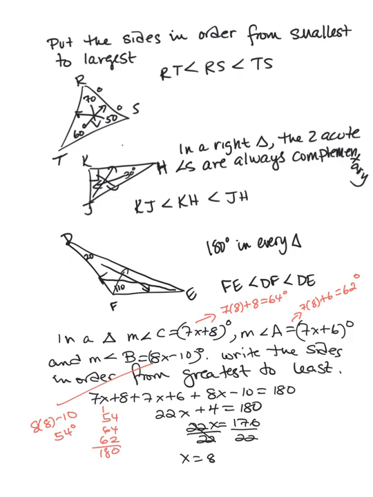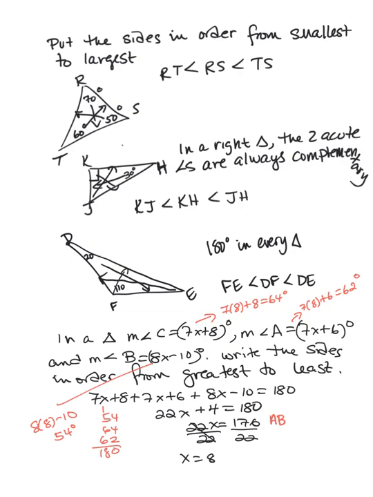So I want to write the sides in order from greatest to least. So now you need to put on your thinking cap here. The largest angle is C. Well, C would be across from AB. You can draw a triangle if you want to see it, but it only makes sense because in any problem, when you're getting the side across from an angle, the angle can't be included in the side, guys, right?